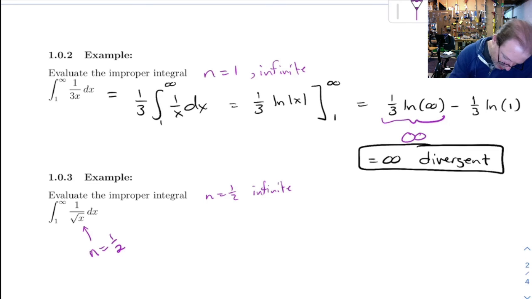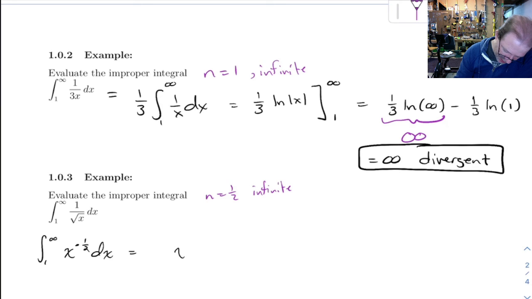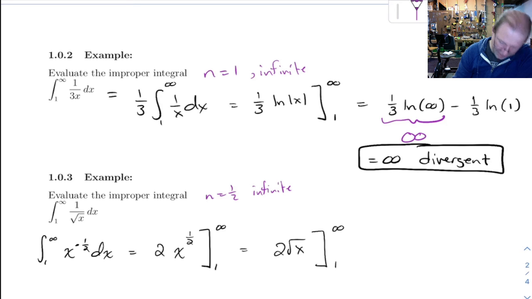All right, now let's look at this last example. n is 1/2 here, so I'll write this as x to the minus 1/2 dx. When I integrate that, I get x to the positive 1/2, and then I have to divide by that, so multiply by 2, from 1 to infinity. So we've got 2 root x from 1 to infinity.